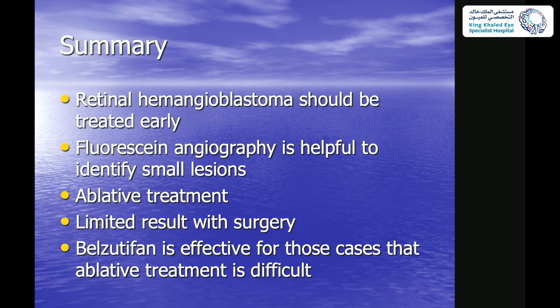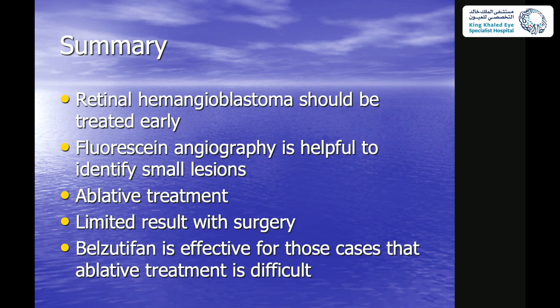So in summary, the retinal hemangioma should be treated early, as I said, and the fluorescein angiogram is helpful to identify small lesions, even though you see a large lesion in the examinations. Ablative treatment, whether it be cryo or laser, is probably the treatment of choice for most of the hemangiomas.